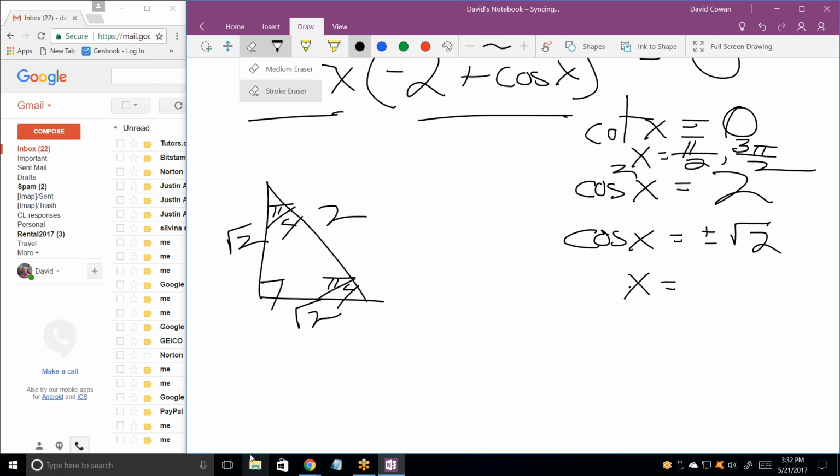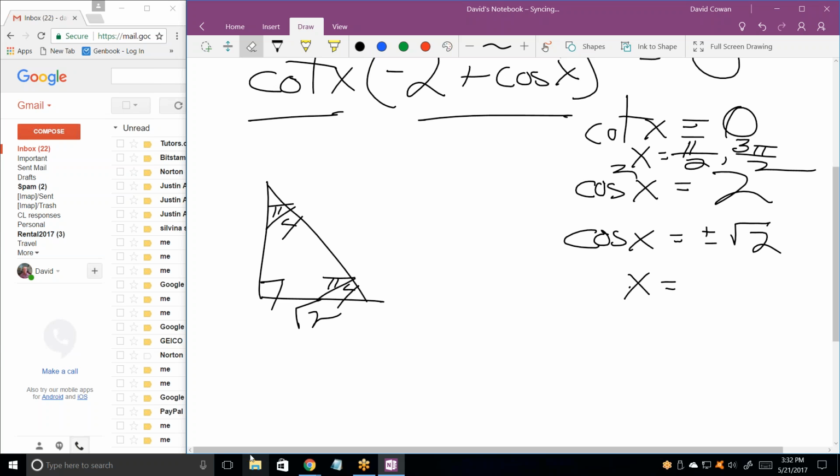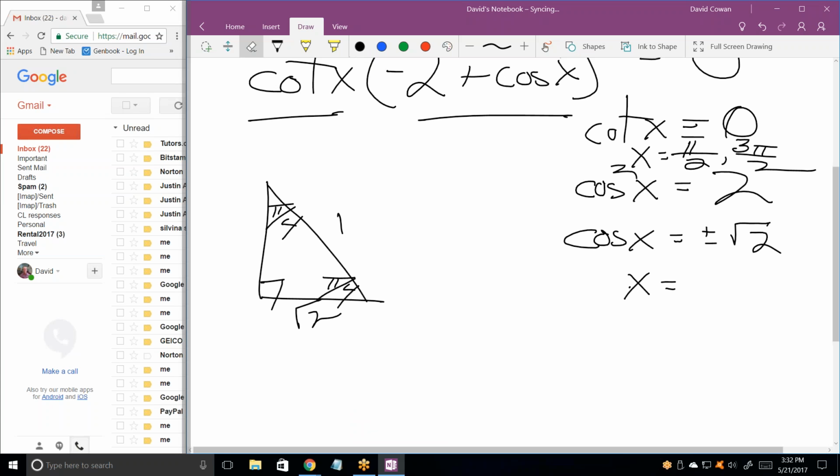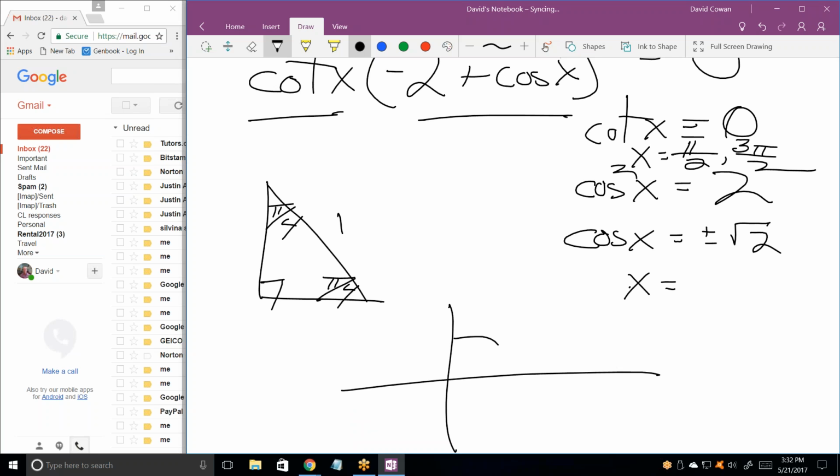Well, let's take a different approach. Can the cosine of x be root 2? Here's what the cosine curve looks like. It goes between 1 and minus 1.